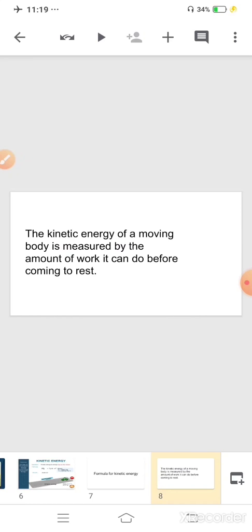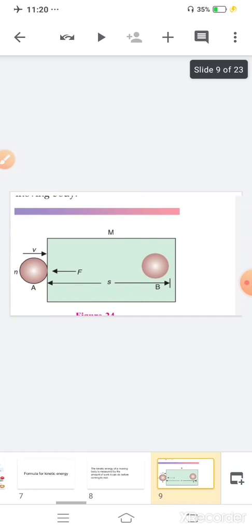Clear? That means if you want to calculate kinetic energy, you have to calculate before that object comes to rest. After rest, you can't calculate the kinetic energy. Why? Because kinetic energy is produced due to the motion. If motion is stopped, how will you calculate? Is this clear?